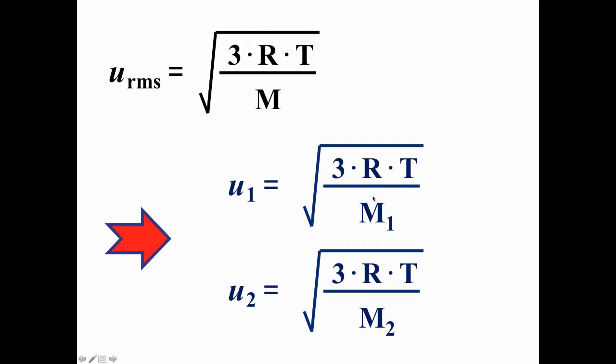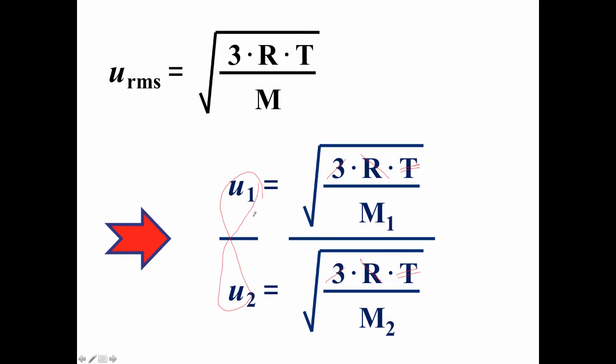And this is an equation, and we can divide an equation by an equation, and we still have an equation. If we do this, the 3 and the R, of course, will cancel out because they're the same. And if we do this at the same temperature for both gases, which we often do, then temperature cancels out.